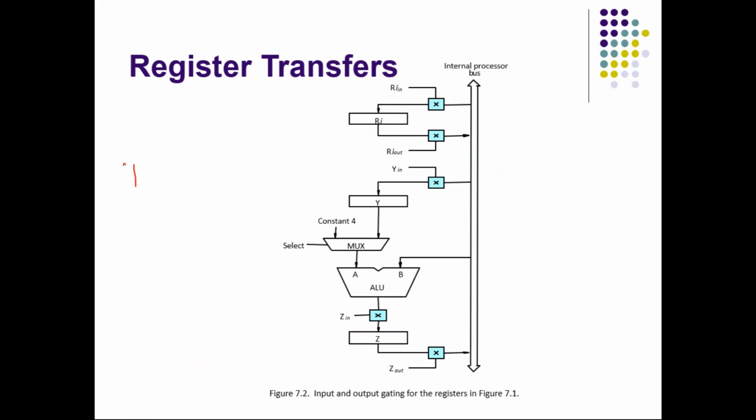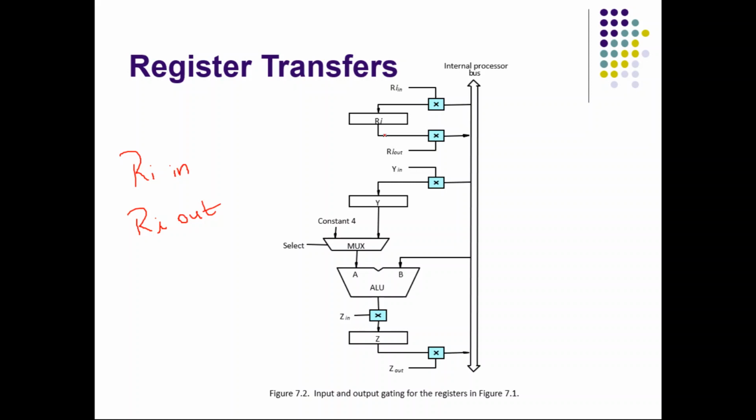If Ri in, the data available in the internal bus should be moved to the given Ri register. If it is Ri out, then the data available in Ri should be moved to the internal processor bus.